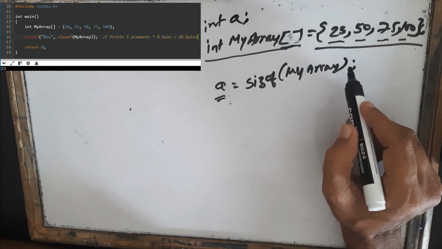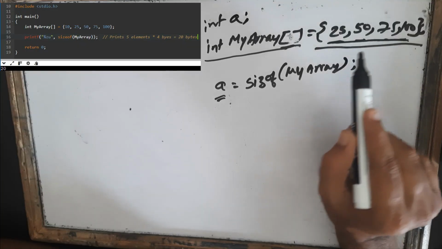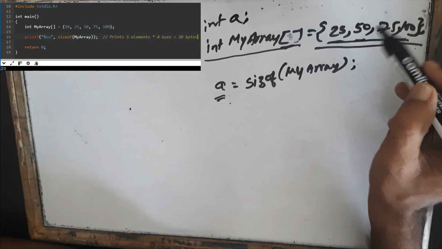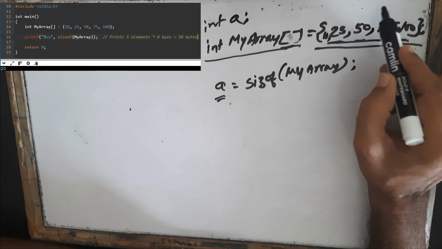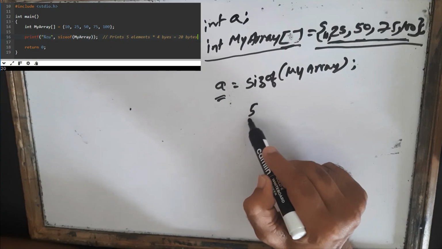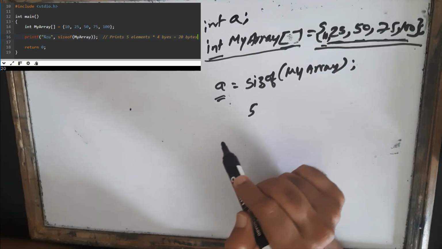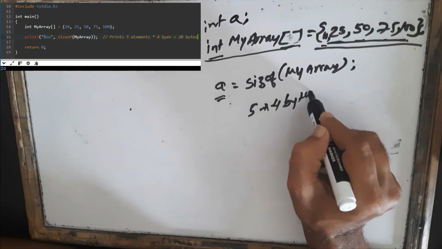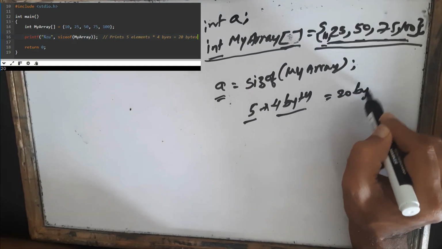20 means, there are 5 elements here, 10, 25, 50, and so on, and each is of size int. Int means 4 bytes. 5 elements times 4 bytes is equal to 20 bytes.